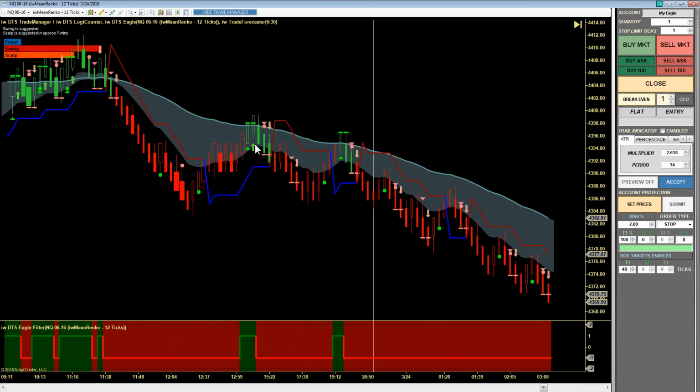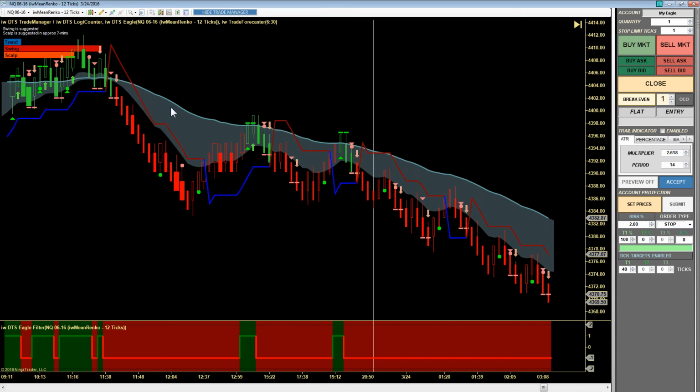With the Eagle, we found that a very high probability signal occurs when the market encounters the hard edge. And very often when the market gets into the hard edge, the bar color is going to change.